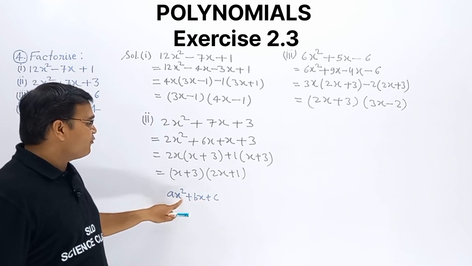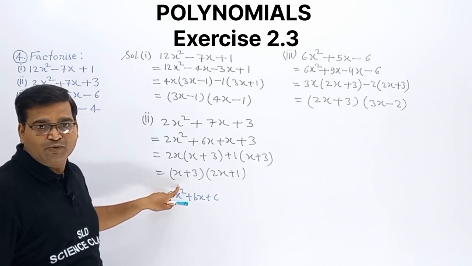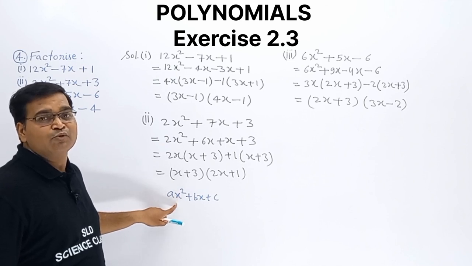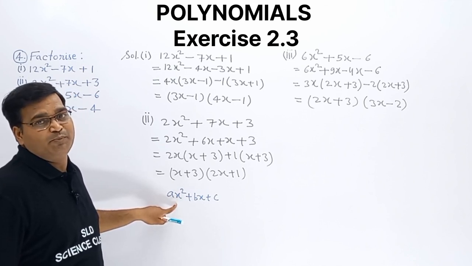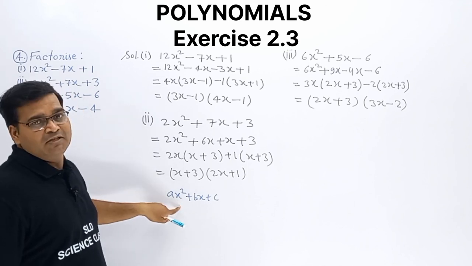The maximum power of variable x is 2, so its degree is 2, so it is called a quadratic polynomial.